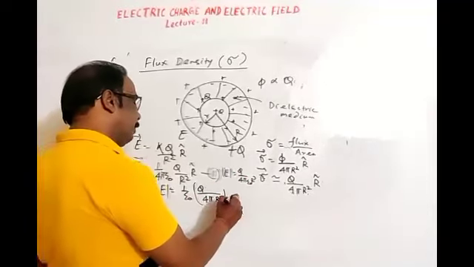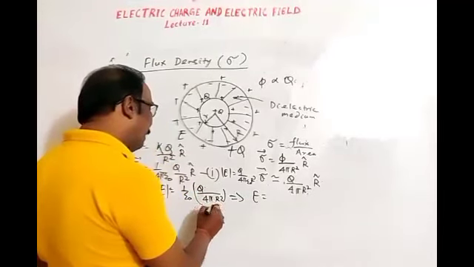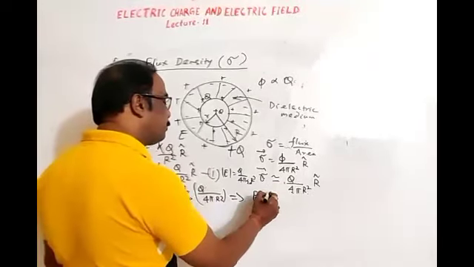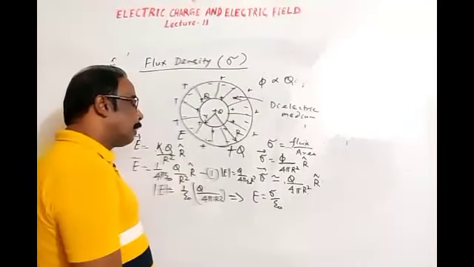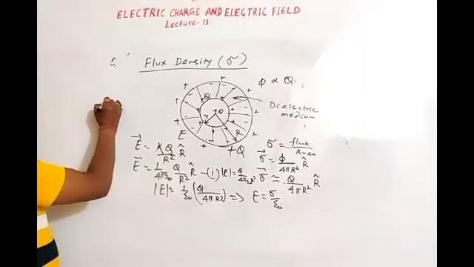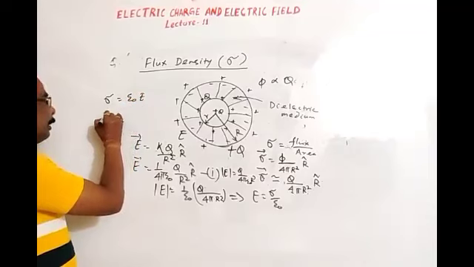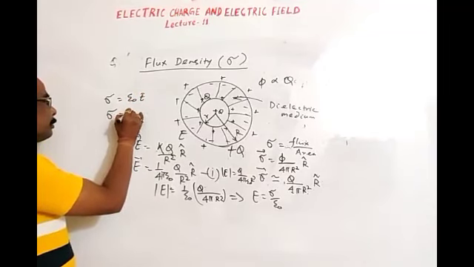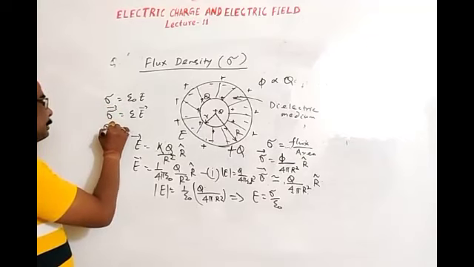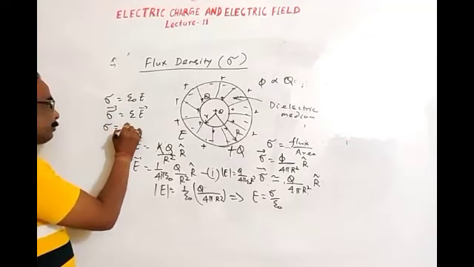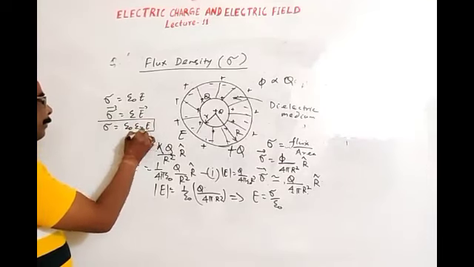Then this implies the electric field is the flux density divided by epsilon naught. Finally, flux density is epsilon naught into E. In general, we may write flux density is epsilon into E. Thus, taking only magnitude, flux density is epsilon naught, epsilon R, into the electric field.